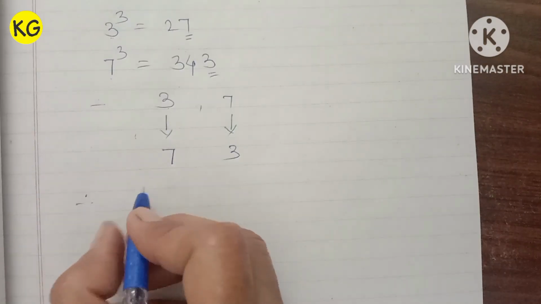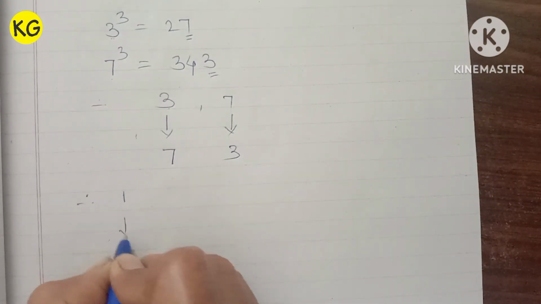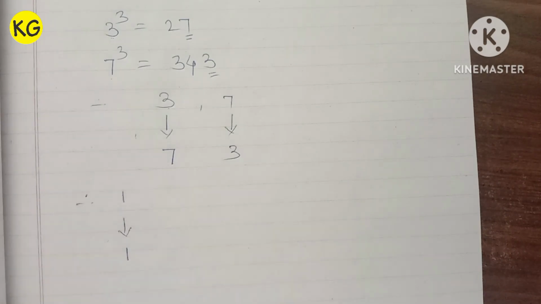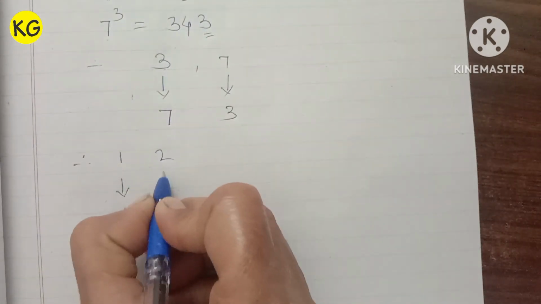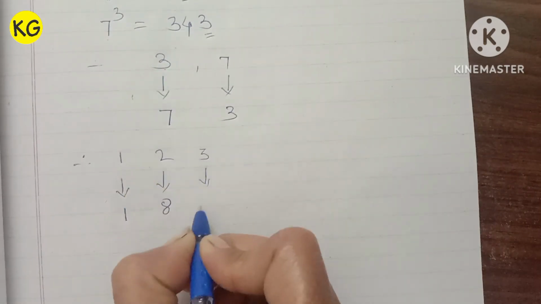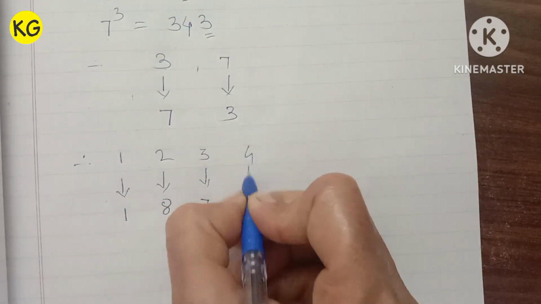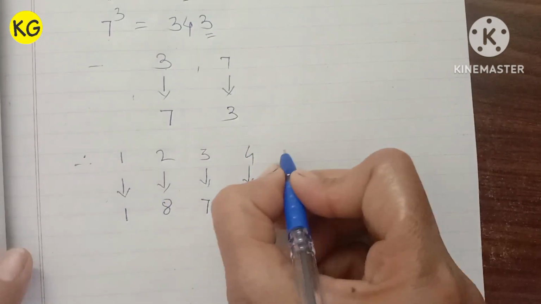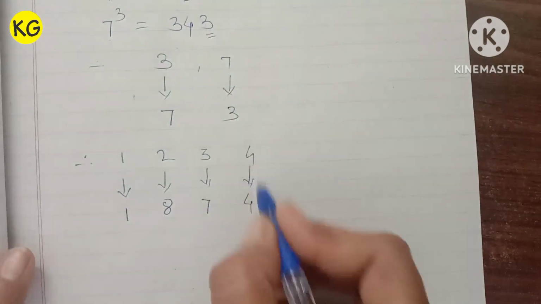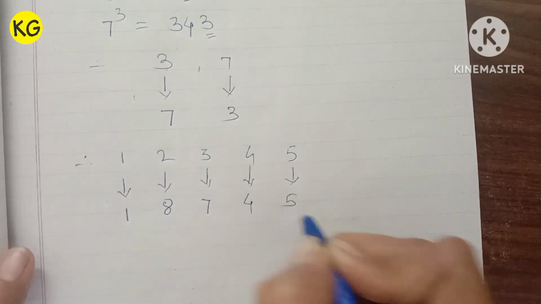Therefore, we can say that if 1 is at the ones place of the number, the cube root contains 1. If 2, then it contains 8. If 3, it contains 7 at the ones place. If 4, then it contains 4. If 5, then it becomes 5.